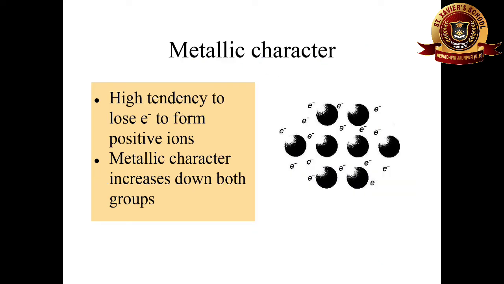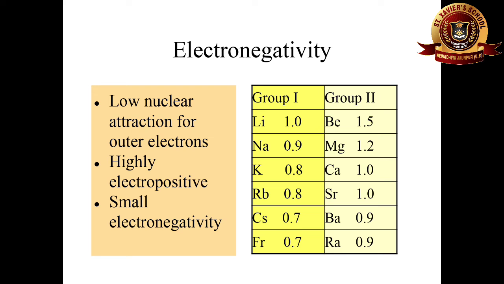Then what is metallic character? Metallic character is the capacity of any metal to donate electrons and form positive ions. As we move from up to down in any group, metallic character decreases due to the decreasing nuclear force. The next is electronegativity.